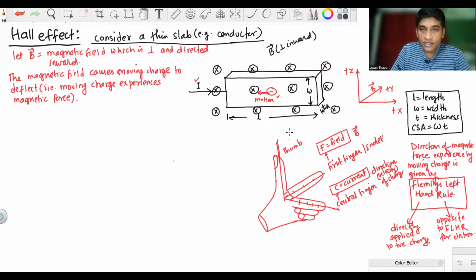Clear? And from T, we have thrust, and thrust is force. So thumb gives the direction of magnetic force, okay.